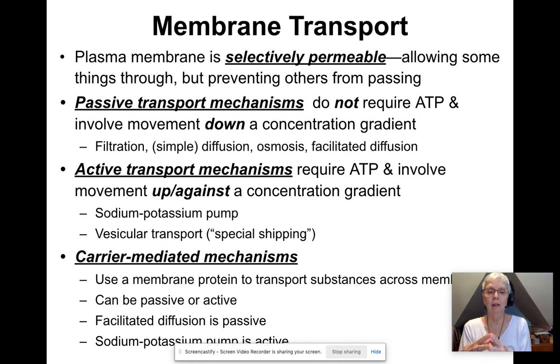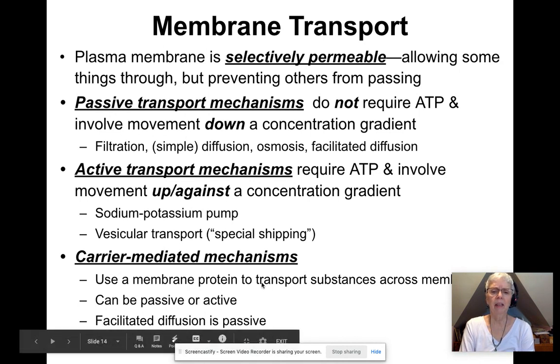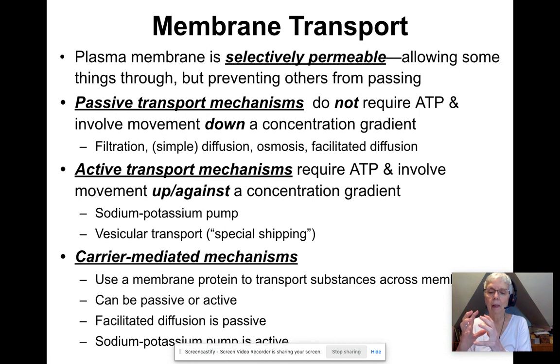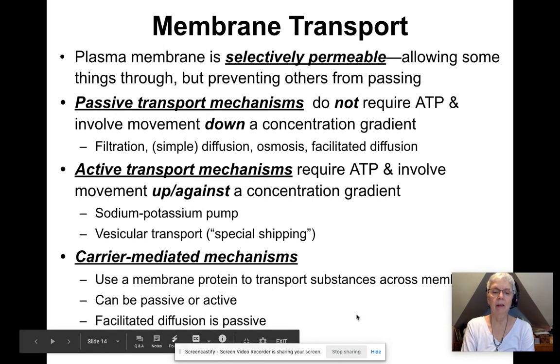The other one is vesicular transport, which we'll talk about when we talk about things like the lysosome, the ribosome, some different things. And then we have this carrier-mediated mechanism. It's neither passive nor active. And what happens is that something is just helping an ion to move across the cell membrane. So it can be facilitated or it can be this sodium-potassium pump.